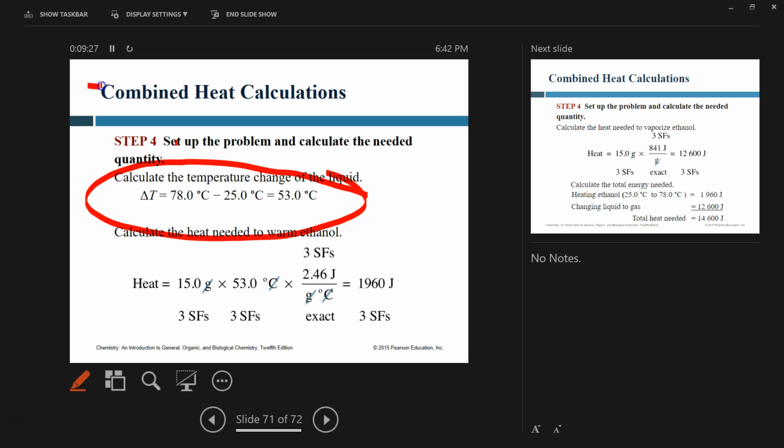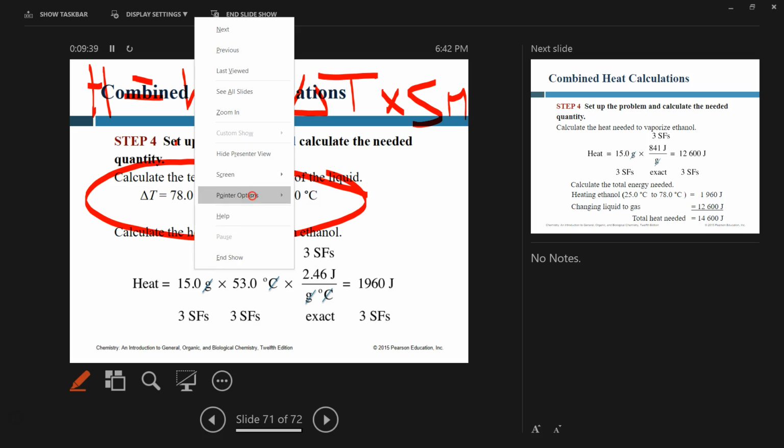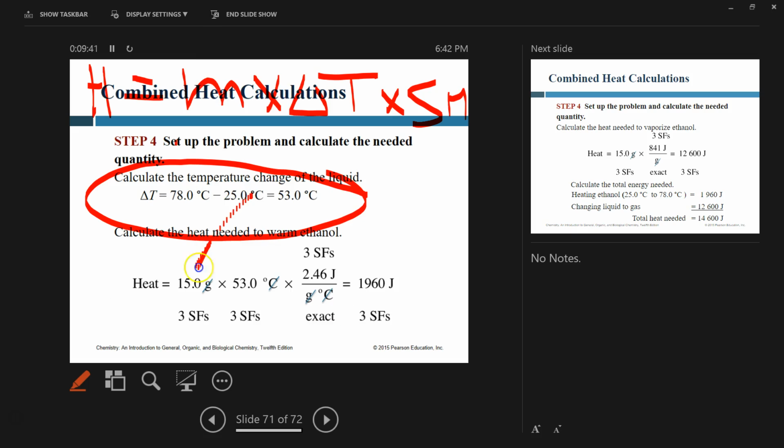Remember this equation that we wrote: H equals M multiplied by the change in temperature multiplied by the specific heat. What's the M? Physically, 15 grams. What's the change in temperature? 78 is the one that you need, 25 is the one that you have.